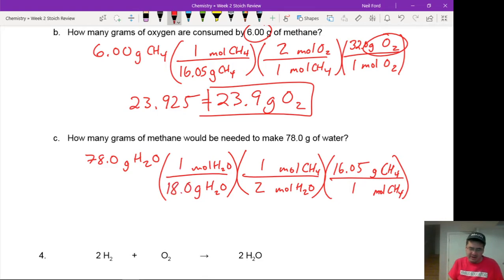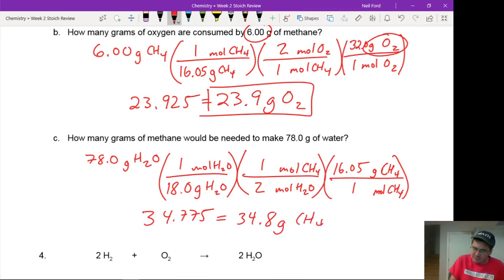And then I can do my calculation: 78 divided by 18 divided by 2 times 16.05, 34.775, rounded to 3 sig figs would be 34.8, and this would be grams CH4.